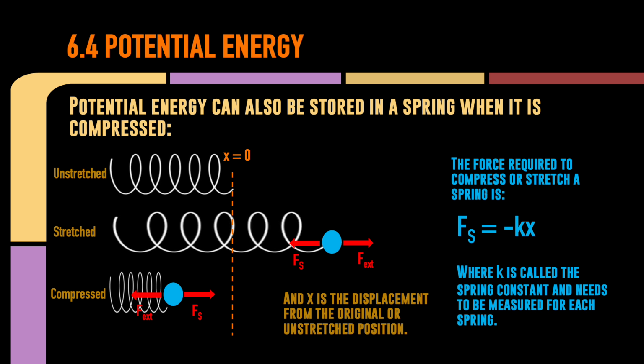So a k value dictates how strong a spring is. Rubber bands might have smaller k values, whereas the springs in the suspension of your car have a very high spring constant. So once again, the higher the k constant, the greater the force it's going to exert. And of course, the distance we pull will also tell us how much force is involved there.